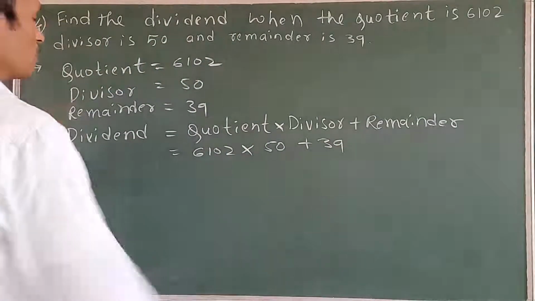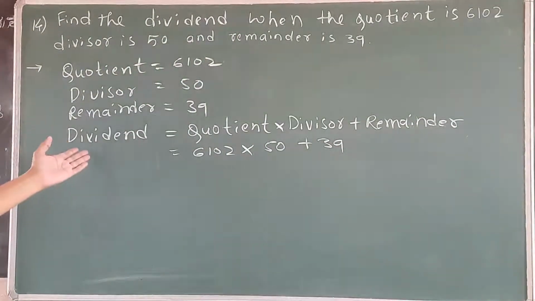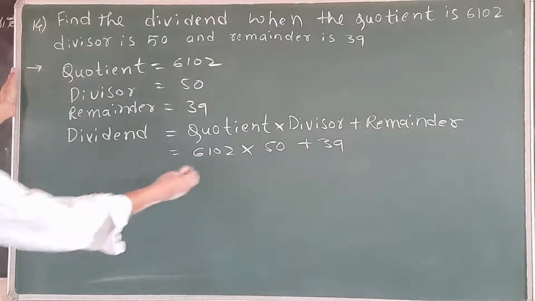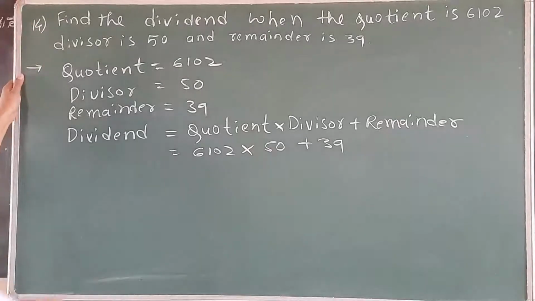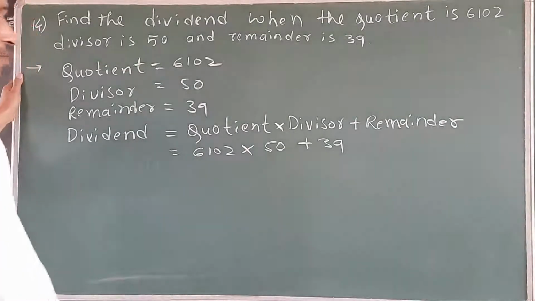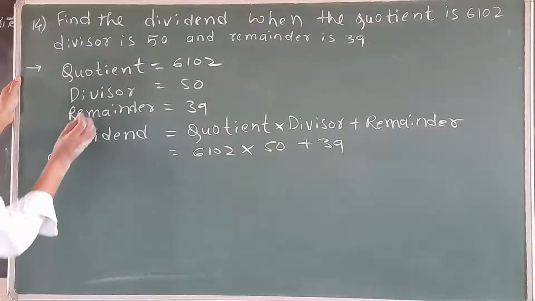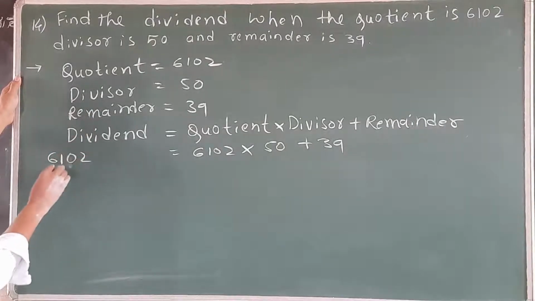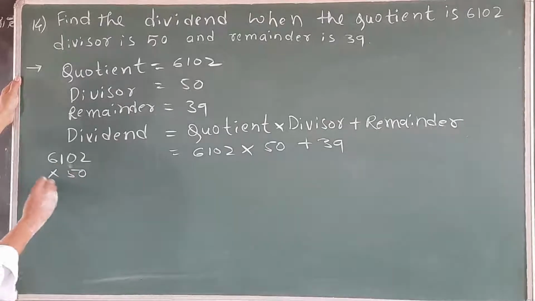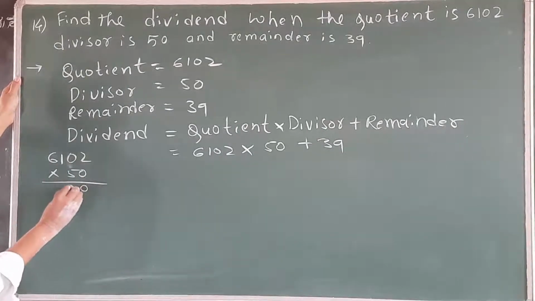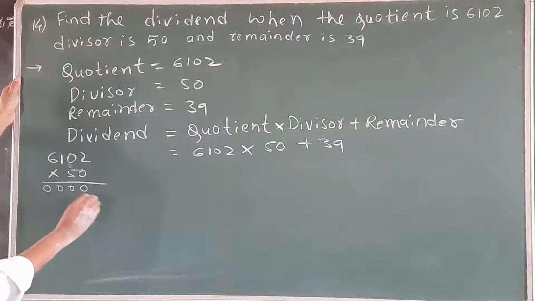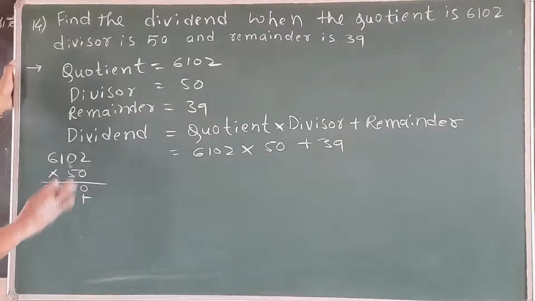First we will multiply. We have already done this in verifying division problems. In that way only we have to do here. First we multiply 6102 by 50. Then we add 39 to the product of these two. 0 into anything is 0 only.